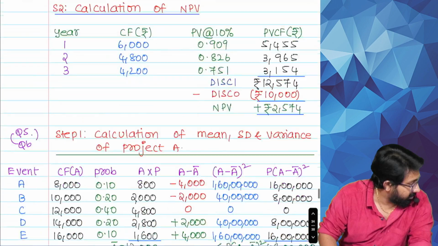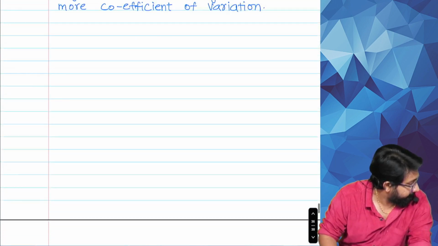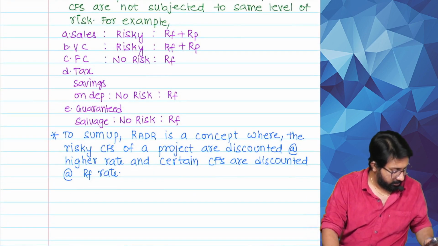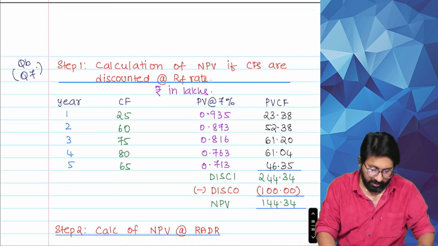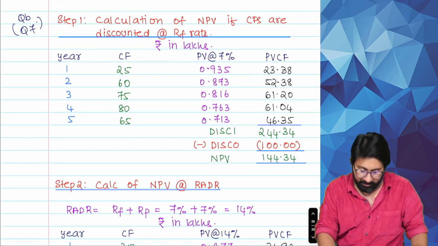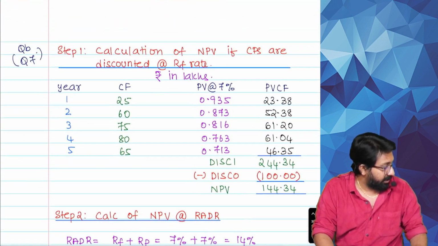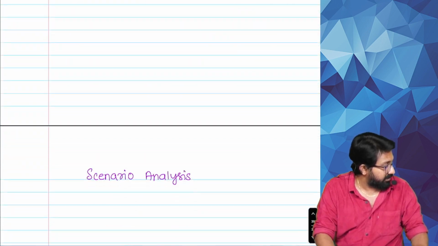So we have done all these calculations. Next after that, we calculated the NPV at a certainty equivalent range. Next, RADR completed, certainty equivalent also completed.